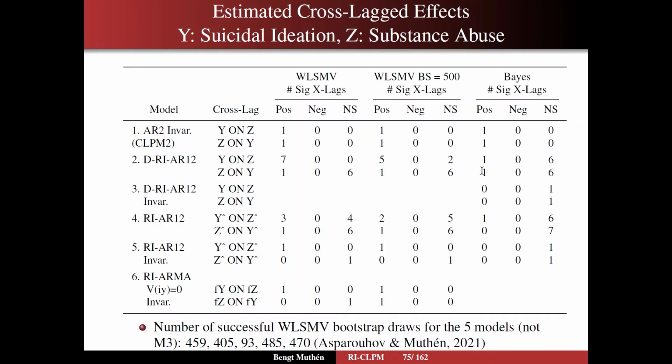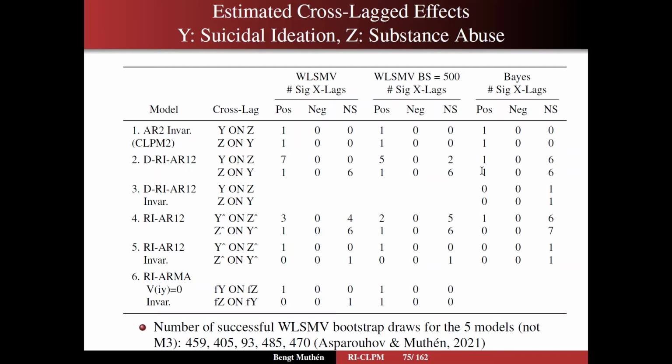So here's a situation where WSMV, I'm going to show you simulations later on, has a tendency in this model for this sample size and for this prevalence to give underestimated standard errors.